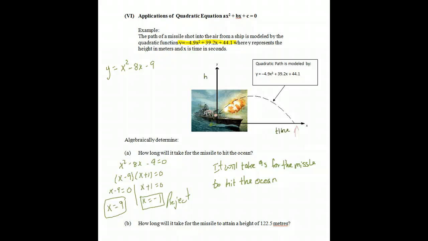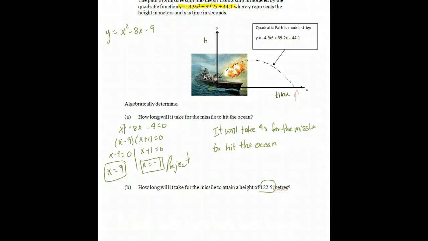Now the next part of the question is asking how long will it take. Now that we solved the first part, we'll go on to part B, and we need to know when will the missile have a height of 122.5 meters. We'll take the height and put it back into our original equation.